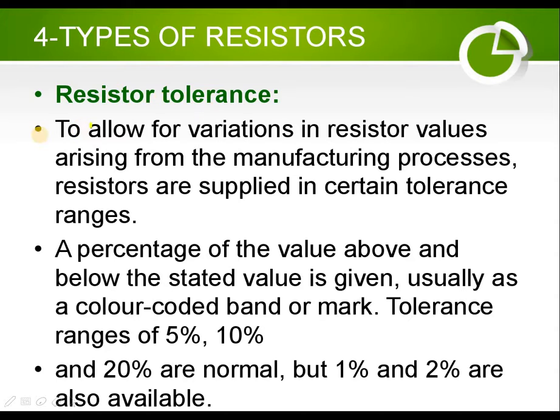Okay, resistor tolerance. Tolerance is basically the variation in the value. If, for example, I bought a resistance of 10,000 ohm or kilo ohm, and it has 10% tolerance, then it means it has a variation of 10% downward or upward.